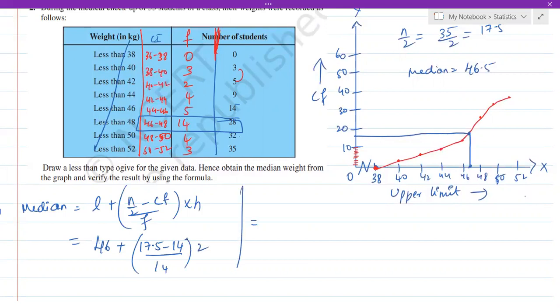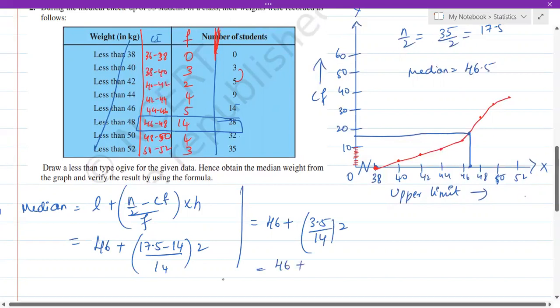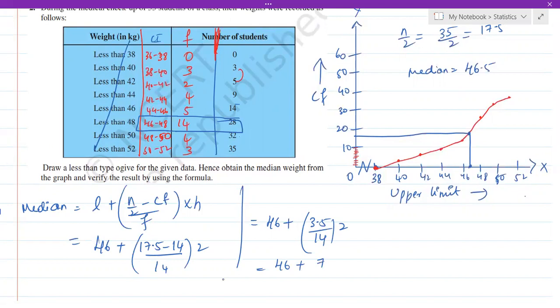Let's calculate here. 46 plus 17.5 minus 14, that will be 3.5, divided by 14, into 2. Very clearly, 46 as it is, 3.5 into 2 is 7, or 7 by 14.